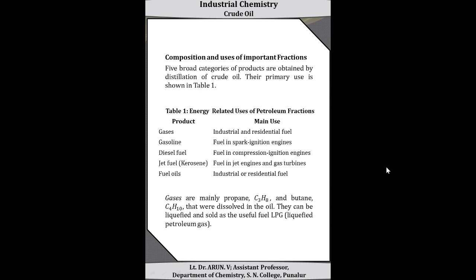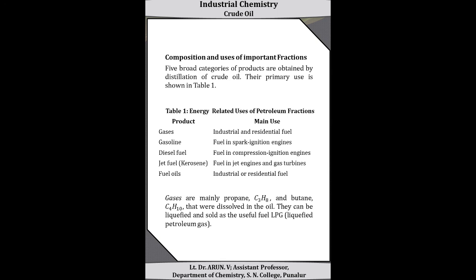These gases are mainly used as industrial and residential fuel, and gasoline is used as a fuel in spark ignition engines, and diesel fuel is used as a fuel in compression ignition engines, and jet fuel or kerosene is a fuel in jet engines and gas turbines, and finally the fuel oils are used in industrial or residential uses as fuels.